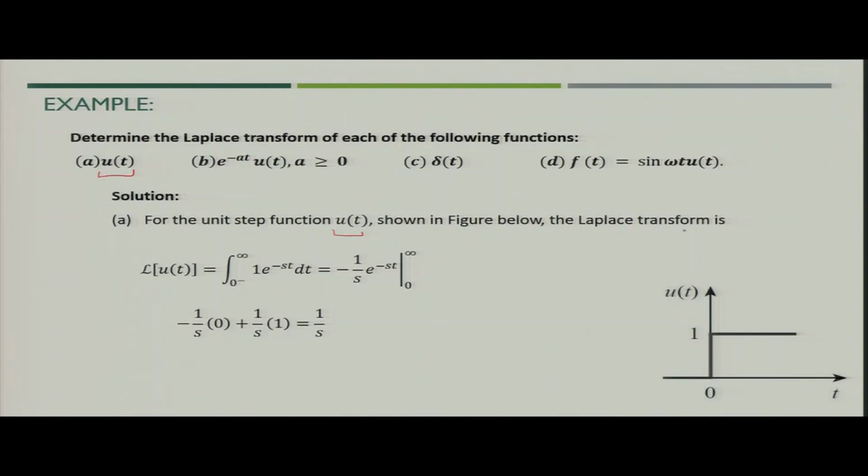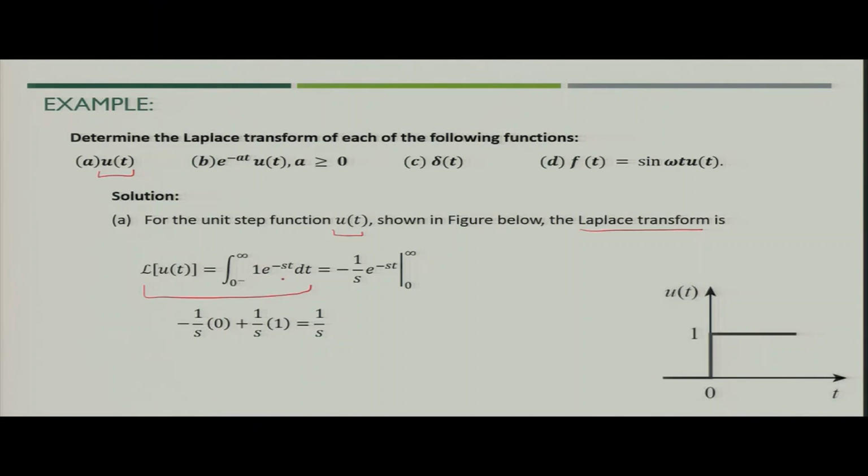When asked to find the Laplace transform, you use the expression for conversion, that is Laplace of u(t) is integration between 0 minus to infinity of 1 into e to the power minus s t dt.